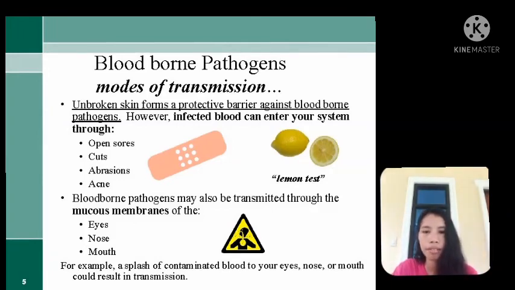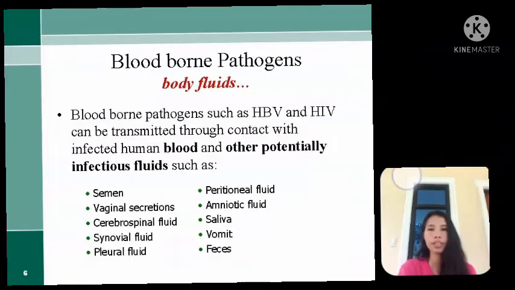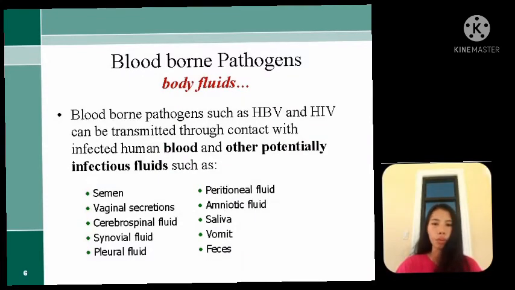For example, a splash of contaminated blood to your eyes, nose, or mouth could result in transmission. Bloodborne pathogens such as hepatitis B virus and HIV can be transmitted through contact with infected human blood and other potentially infectious fluids such as semen, vaginal secretions, cerebrospinal fluid, synovial fluid, pleural fluid, peritoneal fluid, amniotic fluid, saliva, and feces.